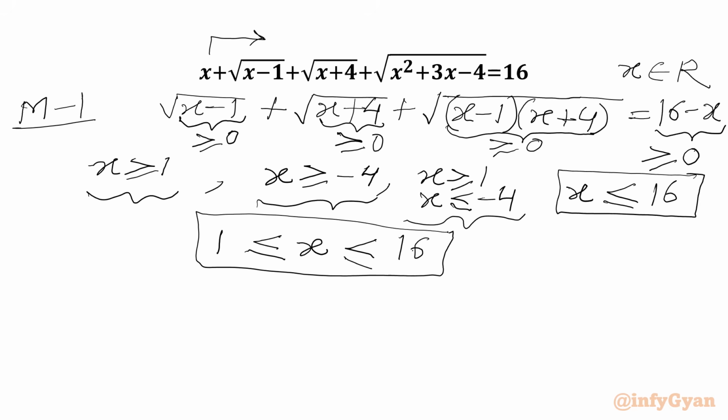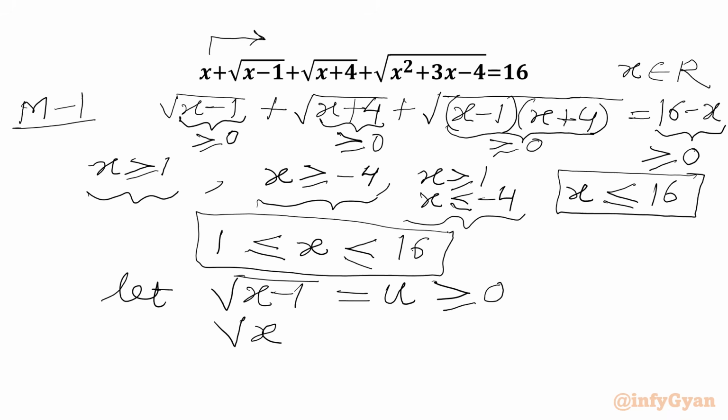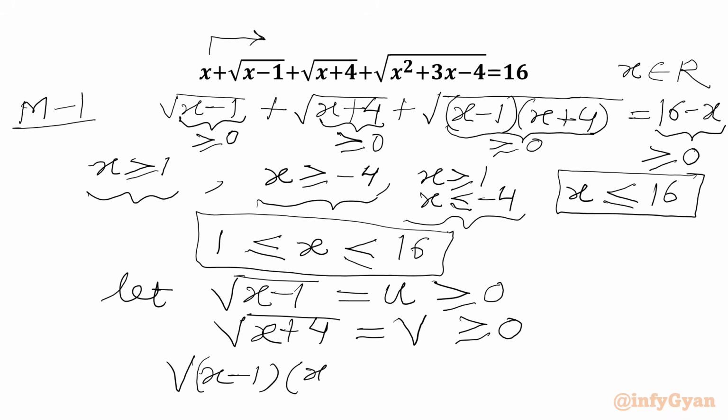Now we will assume square root of x minus 1, suppose this is equal to u. So for real x, u must be greater than or equal to 0. And square root of x plus 4, suppose this is equal to v, greater than or equal to 0. Now we will multiply both and write square root of x minus 1 times x plus 4.